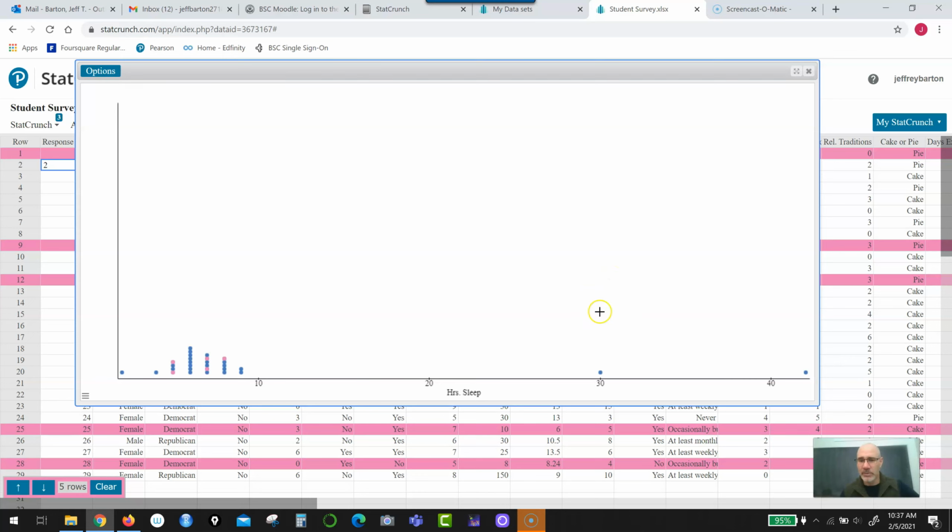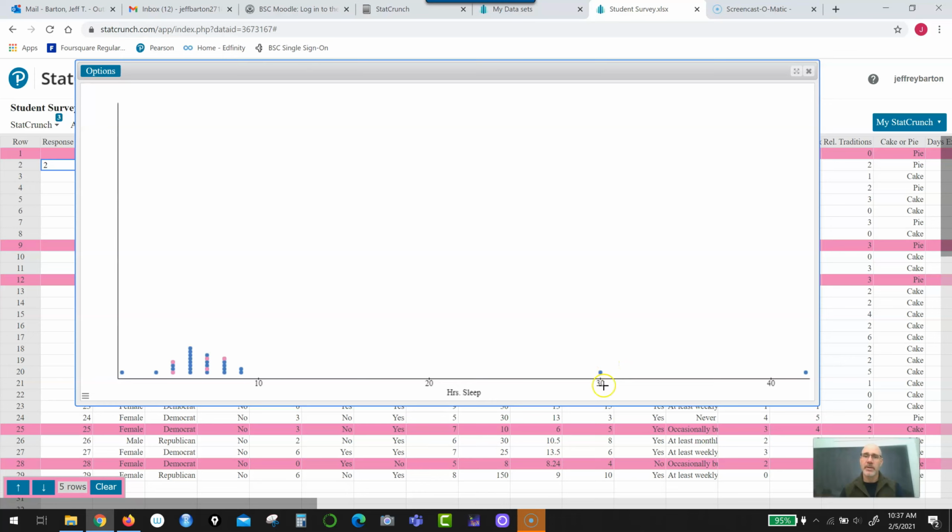And when I went back and looked at the wording of the question, I think I understand how these came to be. Right, so clearly no one sleeps 30 hours a night, or 40, what was that, 45? 42 hours a night. And so what I think was happening is because the word week appeared in the question, if you weren't reading carefully, then you took that to be hours of sleep per week.